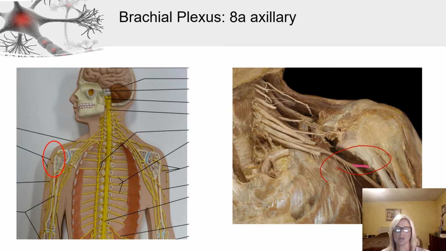So be sure you always look in APR and do your drills and your assignments there. All right, so axillary, armpit, and you can see it over on the other model as well. This comes from the spinal roots C5 and C6. It is a peripheral nerve, part of the peripheral nervous system, and it supplies things like the rotator cuff, the deltoid, and the teres minor muscles.